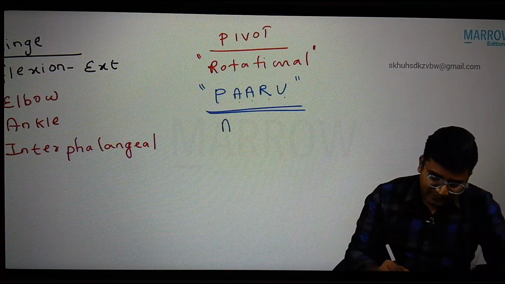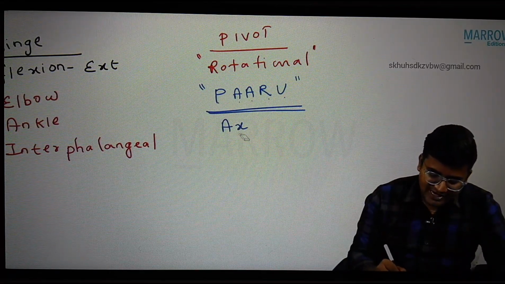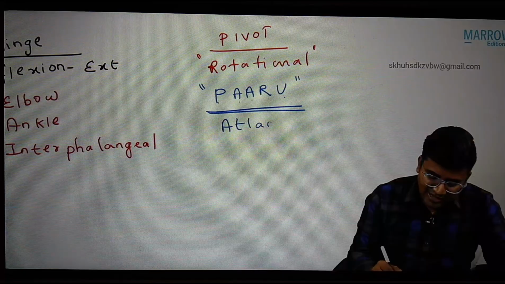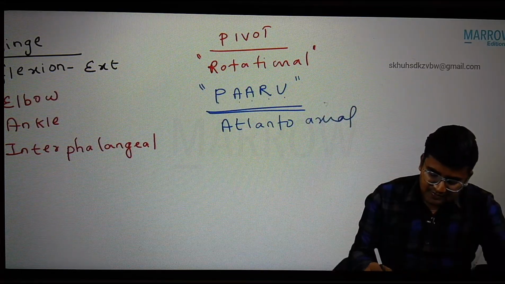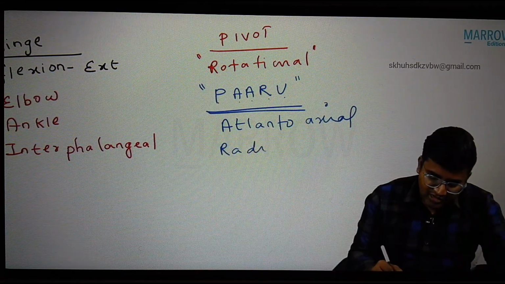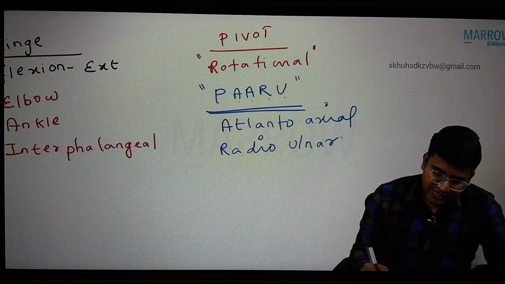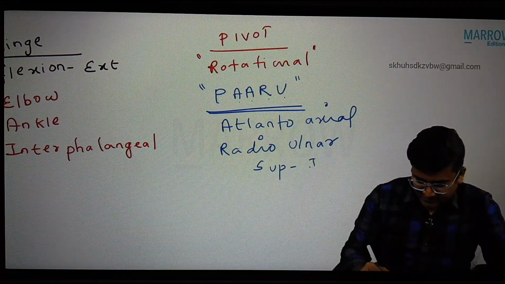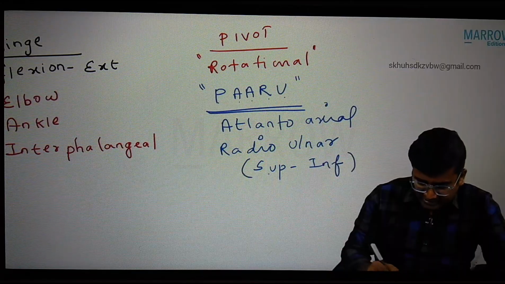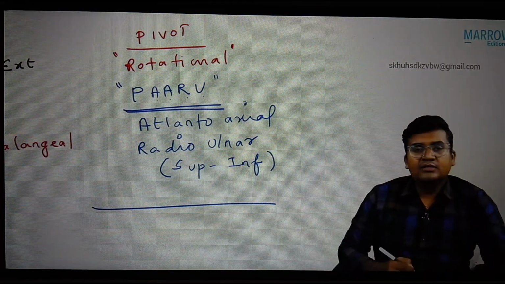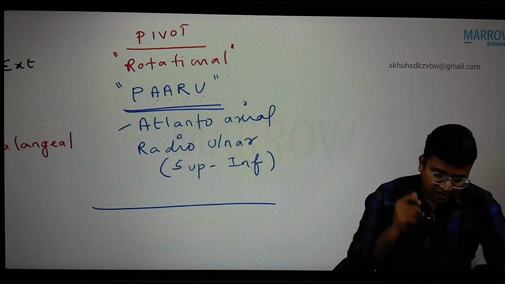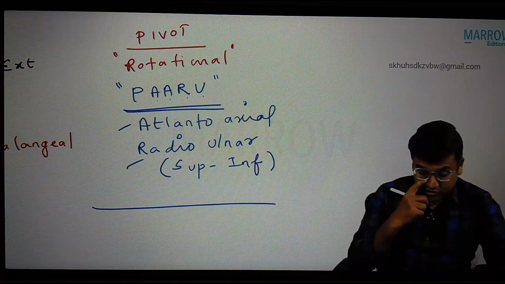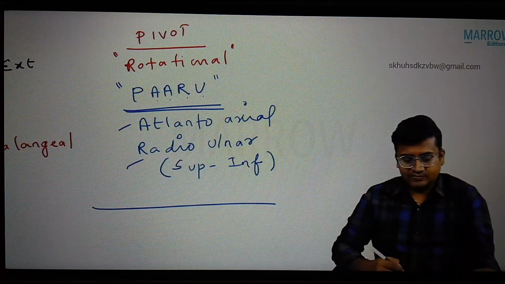Now P, pivot joint, AA, that is the atlanto-axial joint. RU, radio-ulnar joint. Please write the superior and inferior radio-ulnar joint. So atlanto-axial joint and the radio-ulnar joint are the examples for pivot.